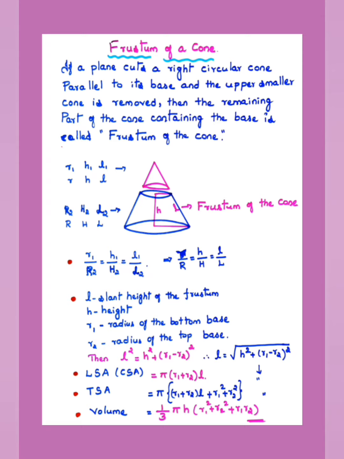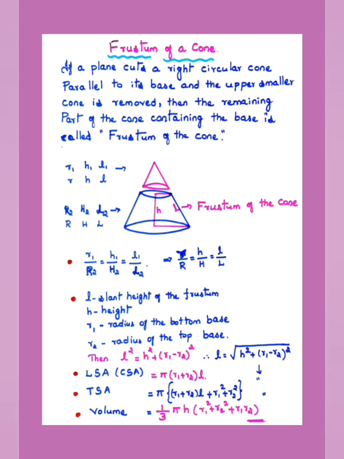For the first part, r1 is the radius, h1 is the height, and l1 is the slant height or the length. In order not to get confused with the values, for the following we just take this as small r, h and l. For the second part, that is the frustum of the cone, R2 is the radius, H2 is the height, L2 is the length.